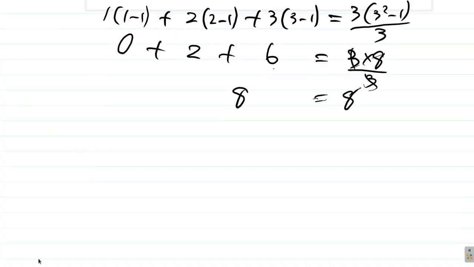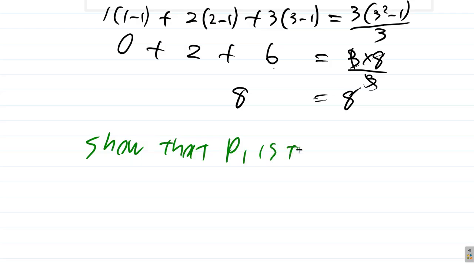Now, when it comes to a question like this, mathematical induction, you must prove what they call the base case. Right? Or usually it's written: show that the proposition involving 1 is true. So you start off at 1 and you go upwards.